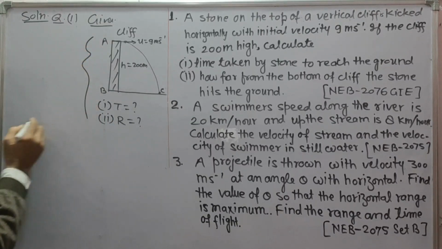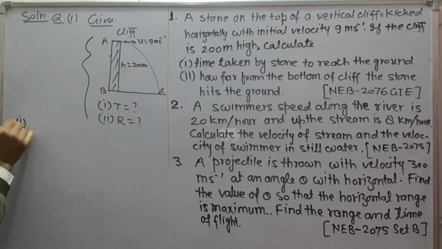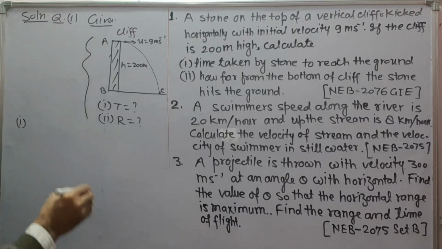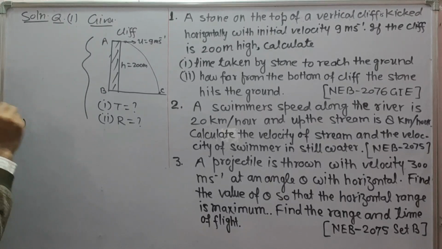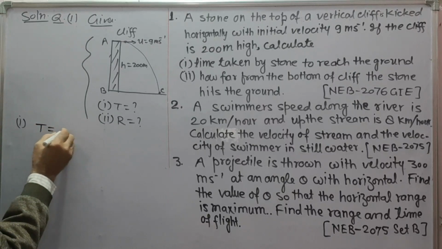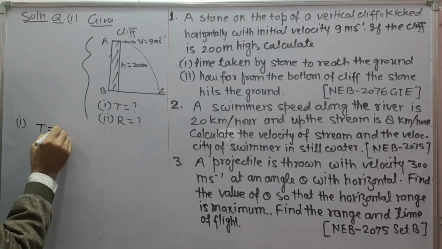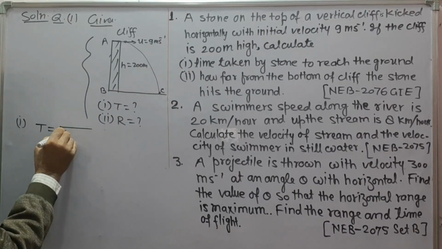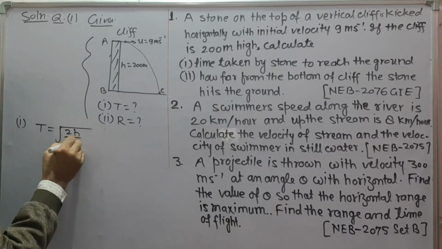Now we know for the projectile thrown horizontally from the top of a tower, time period is given by under root 2h upon g.